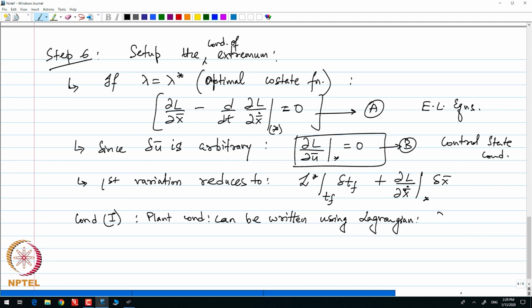We see that partial L partial lambda at starred condition will give me 0. We are going to retrieve back our condition 1 from this condition. Let me call this C, my co-state condition, which is the condition that retrieves back my Lagrange multiplier.